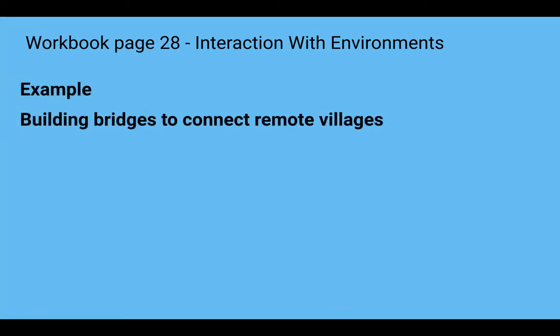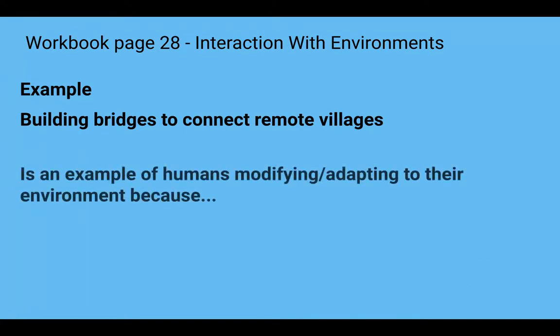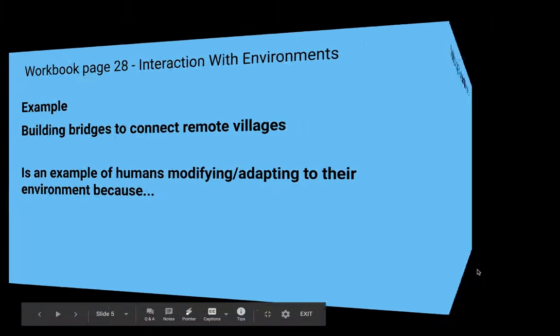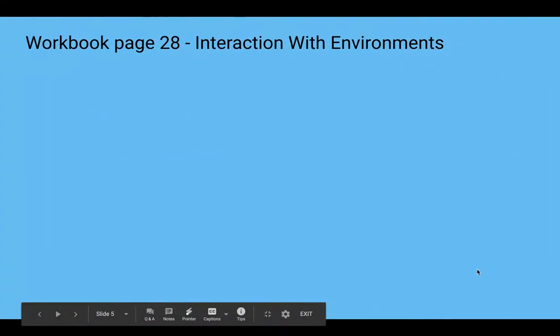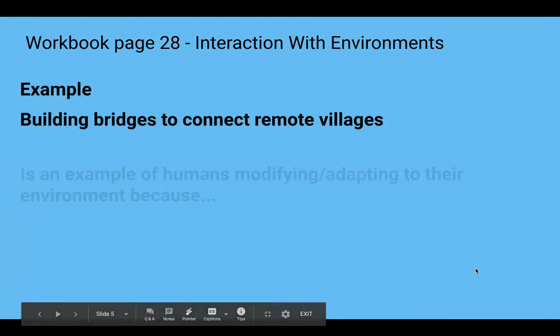Welcome back, my friends. Okay, our next example is building bridges to connect remote villages. So, this is an example of humans modifying or adapting to their environment because, let's see what your answer is like compared to mine.